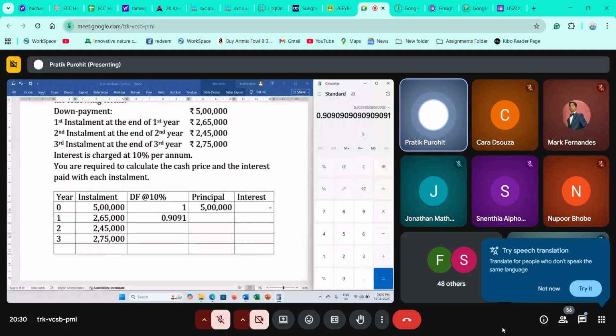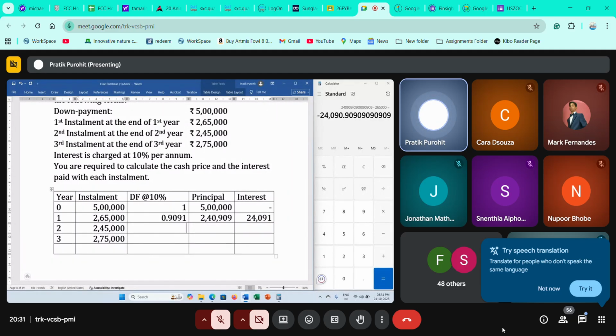You get 2 lakh 40,909, so your principal becomes 2 lakh 40,909. Subtract the installment that you have paid, 2 lakh 65, and 24,091 becomes your interest.